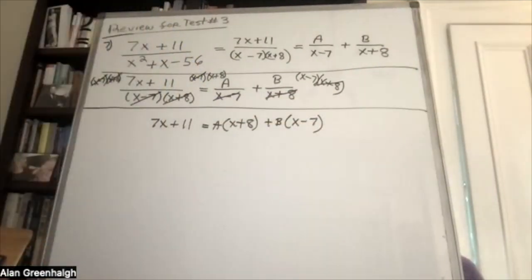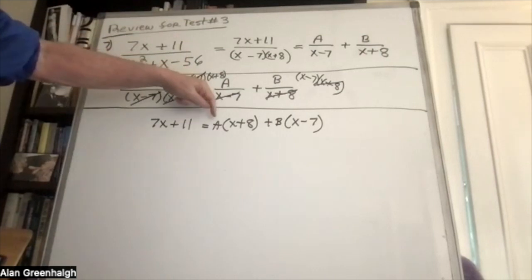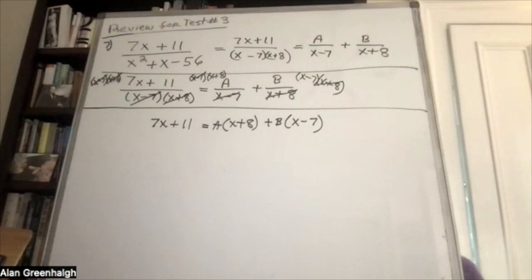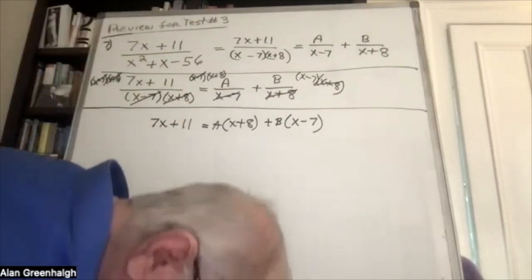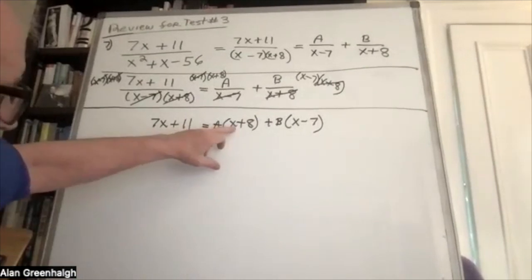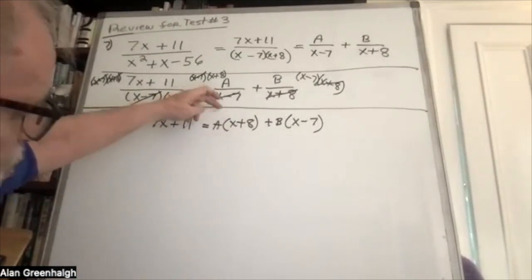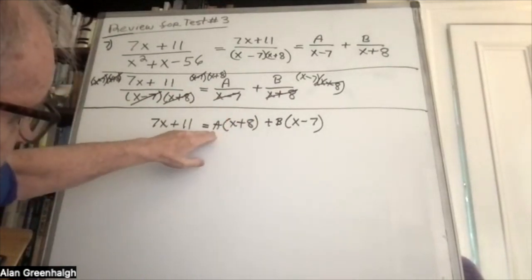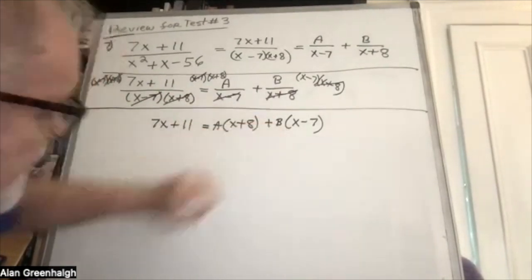Now, the goal is to figure out the value of a and the value of b. And we do that by selecting a value of x that will make one expression 0. That will knock out the b, and we can solve for a.